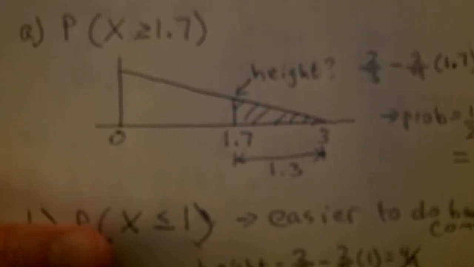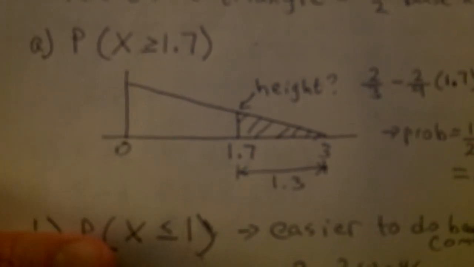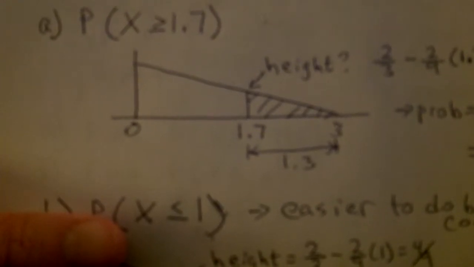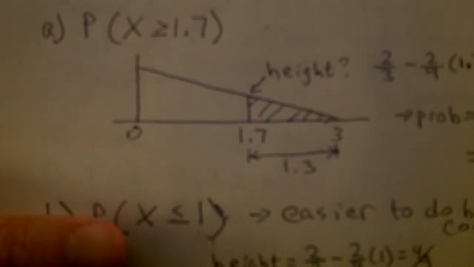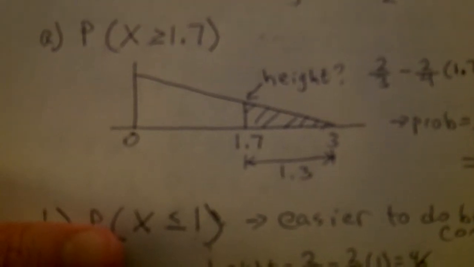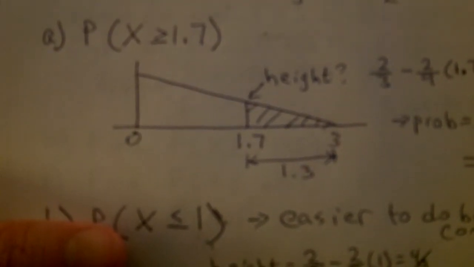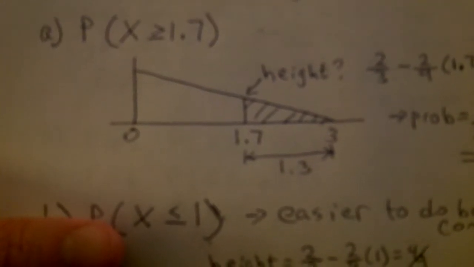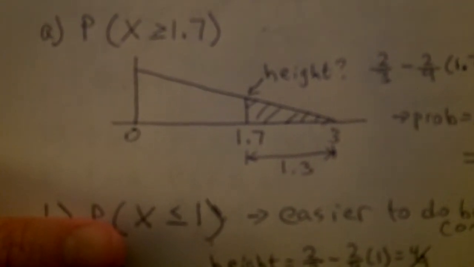As you can see here, I've sketched the drawing, filled it in at 1.7, and since we're looking at greater than or equal to, what we're looking at is the part to the right of 1.7. As you can see, that is also triangular in shape.